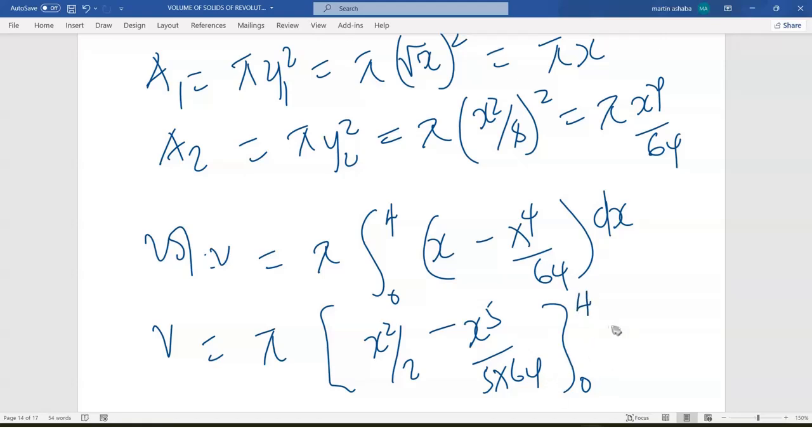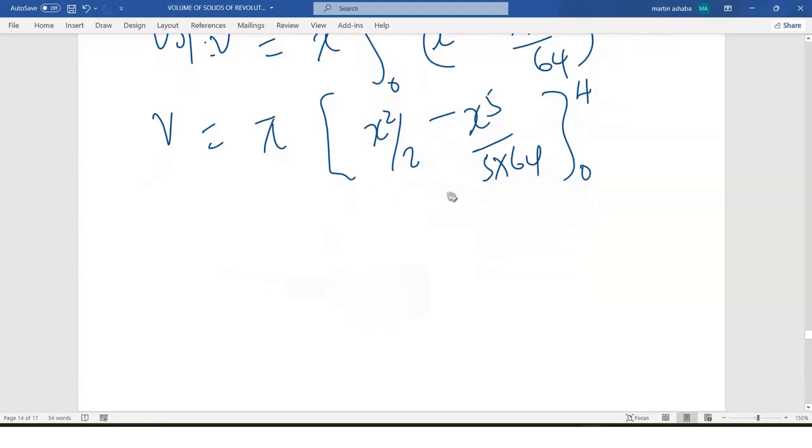What is that going to be? This is going to be 4 squared, that is 16, divided by 2, I'll have 8. So volume will be equal to 8 minus 4 to the power 5.